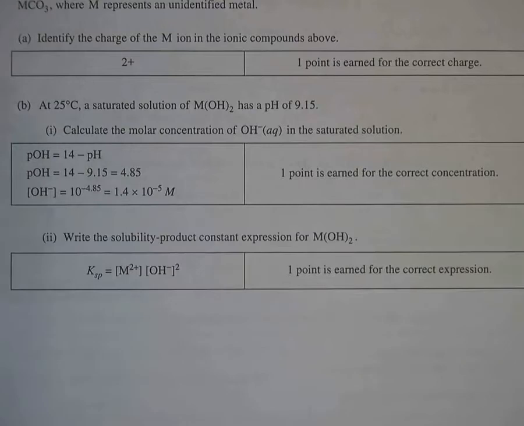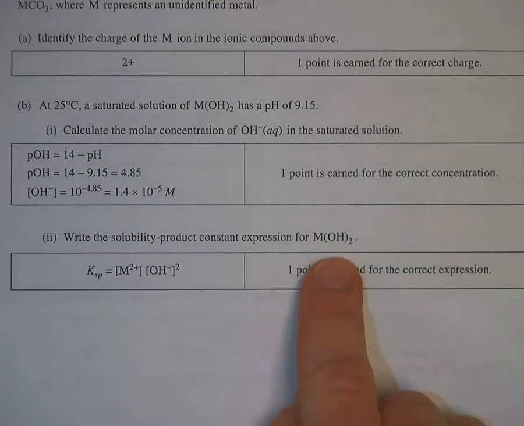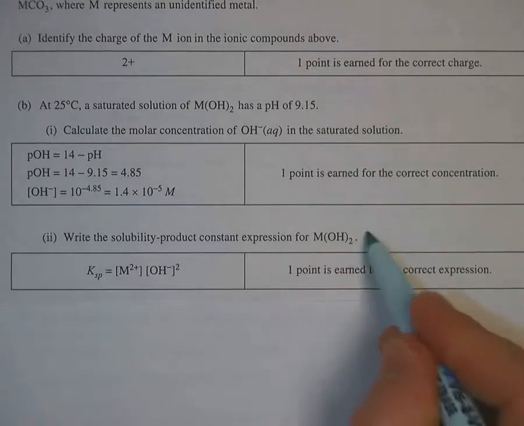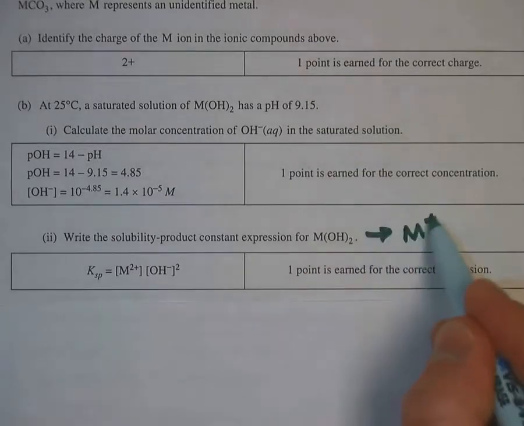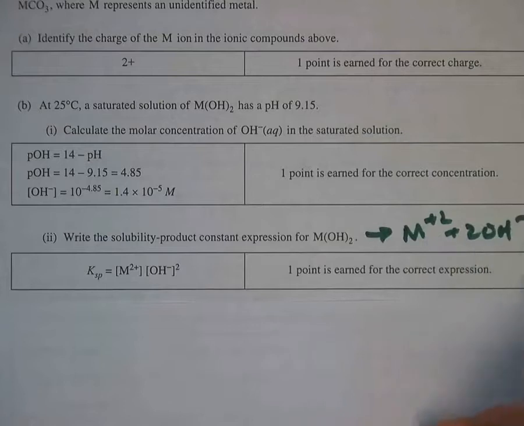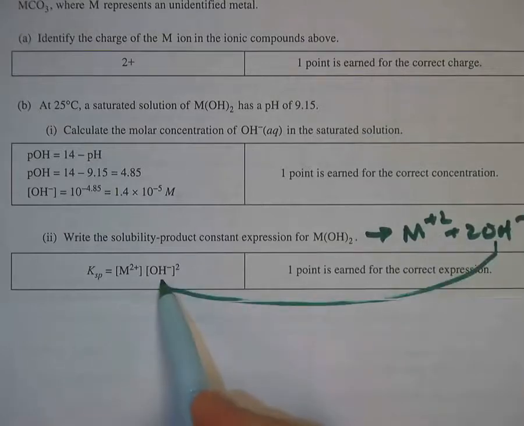Write the solubility constant expression. So now we'd take MOH2, dissociate it. Notice you get 2 OH minuses. So when you write the Ksp expression, make sure that you write OH to the second power.